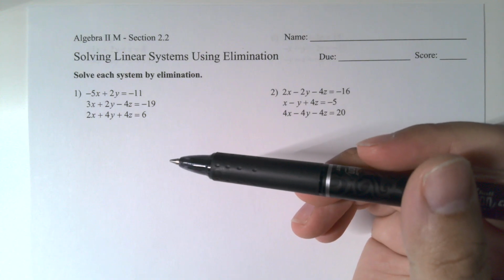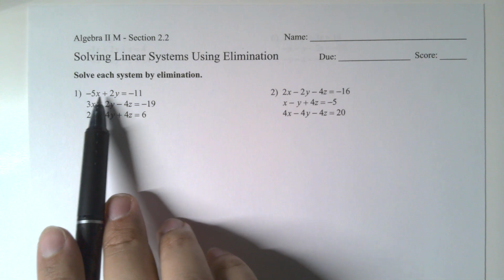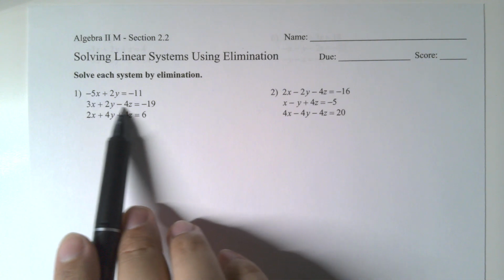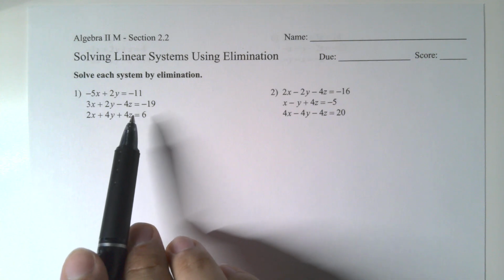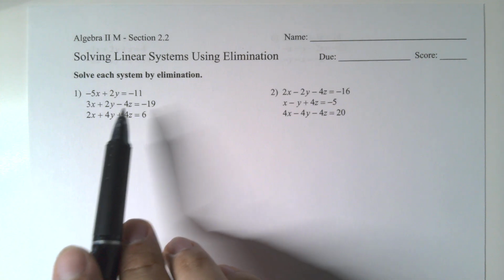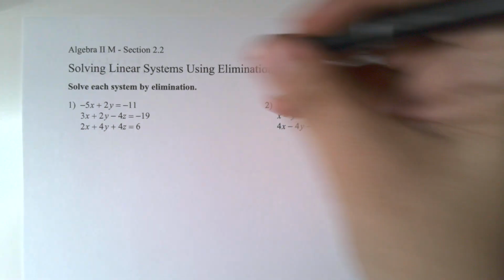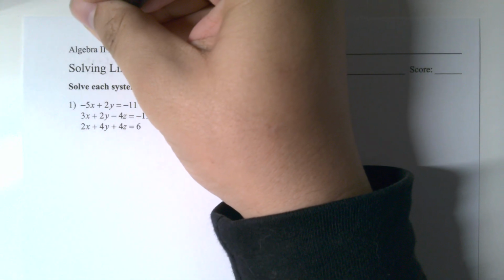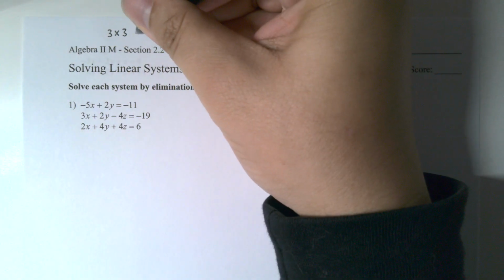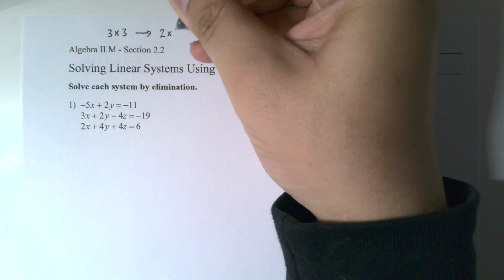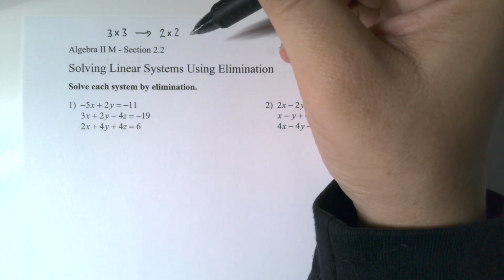In this first problem, notice that in the top equation, you have variables of just x and y, but in the other two, you have variables of x, y, and z. So our strategy here is to go from three equations with three variables to two equations with two variables, because we know how to solve those pretty easily now.